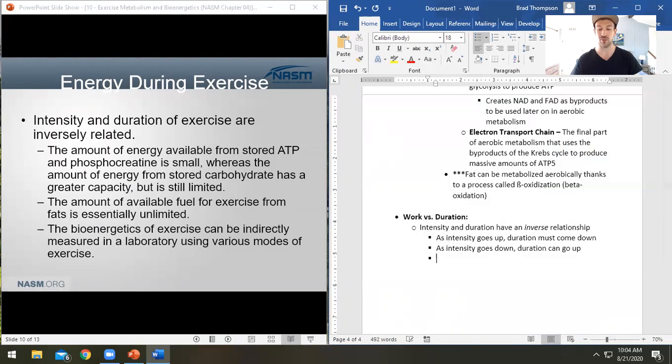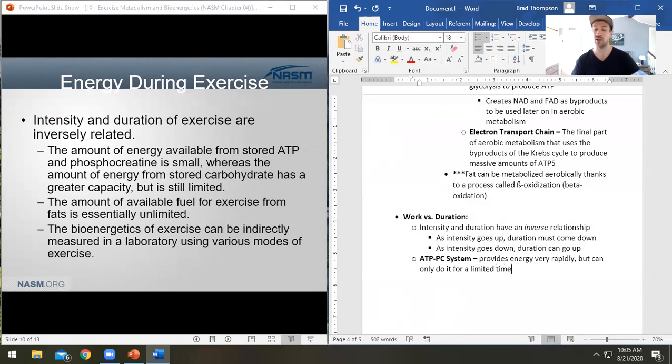But if we're looking at it, the ATP-PC system provides energy very rapidly, but can only do it for a limited time.